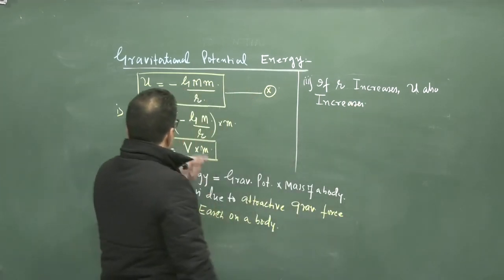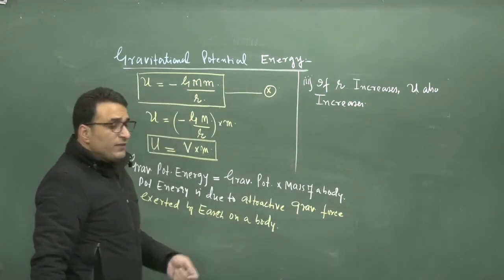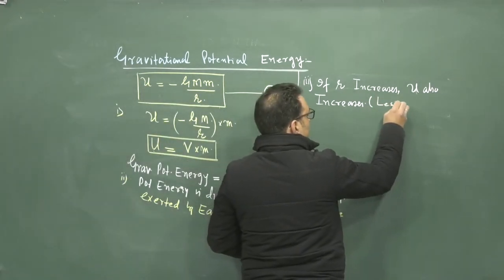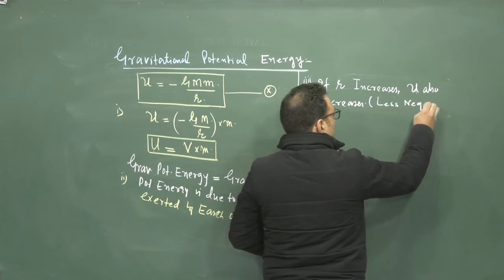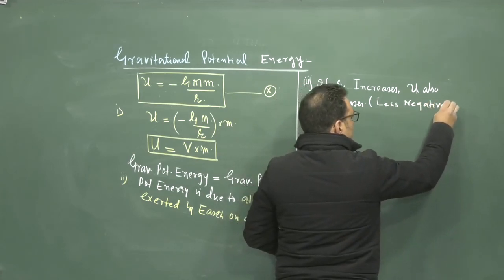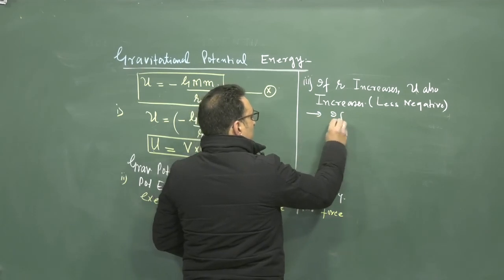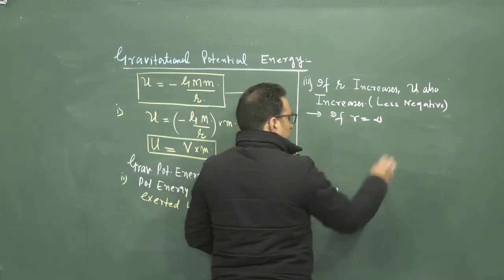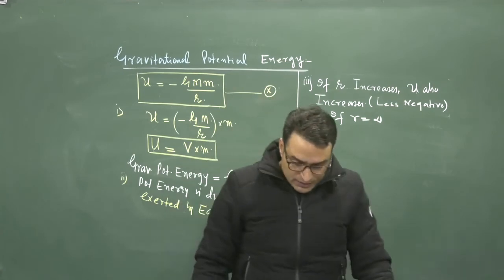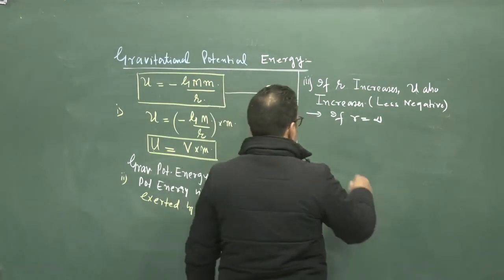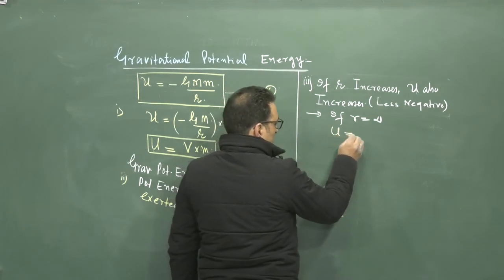As you see, when r increases, the gravitational potential energy will become less negative. I will write here less negative. If r is equal to infinity, the value of gravitational potential energy becomes 0.